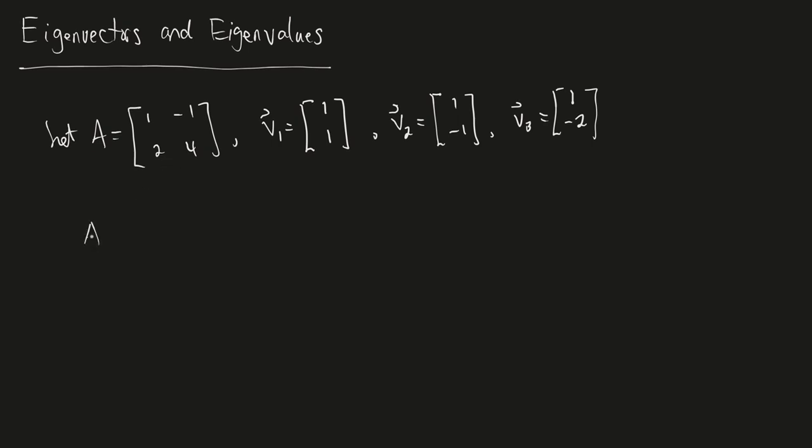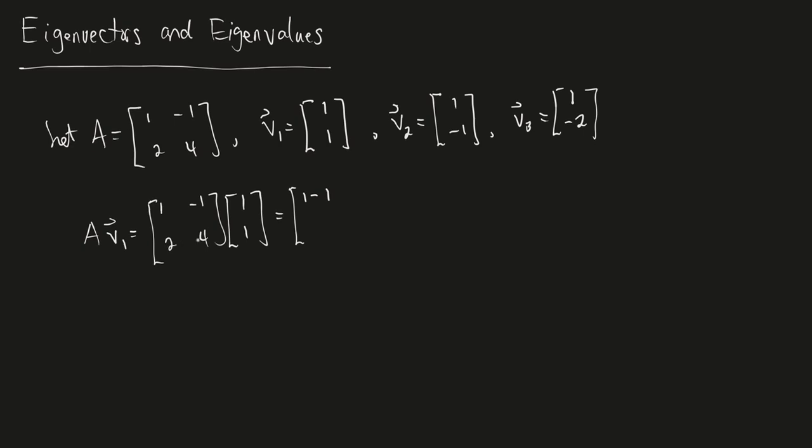So let's take the product A times V1. That's 1, -1, 2, 4 times the column 1, 1. Let's see what happens when we do this product. Doing our dot product of row 1 and our single column, that's 1 - 1.